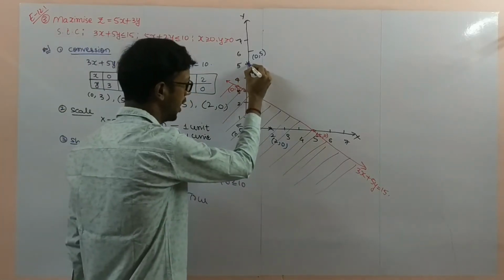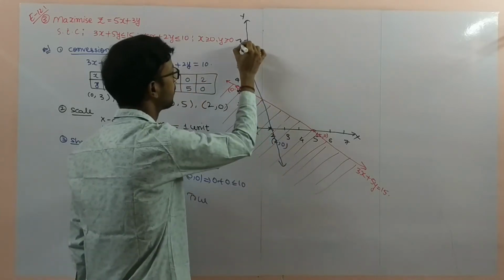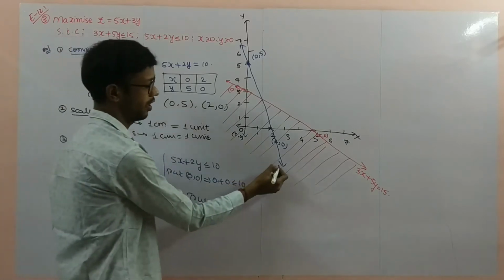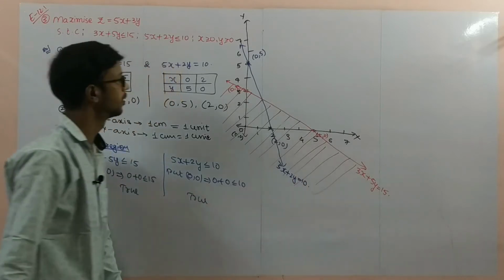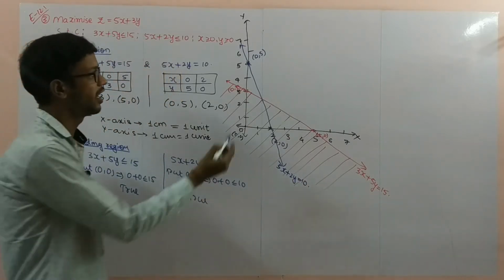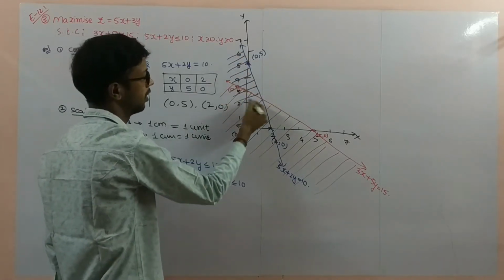Join these 2 points by a line. Now what is the line equation? The line equation is 5x plus 2y equal to 10. The shading region is towards the origin.